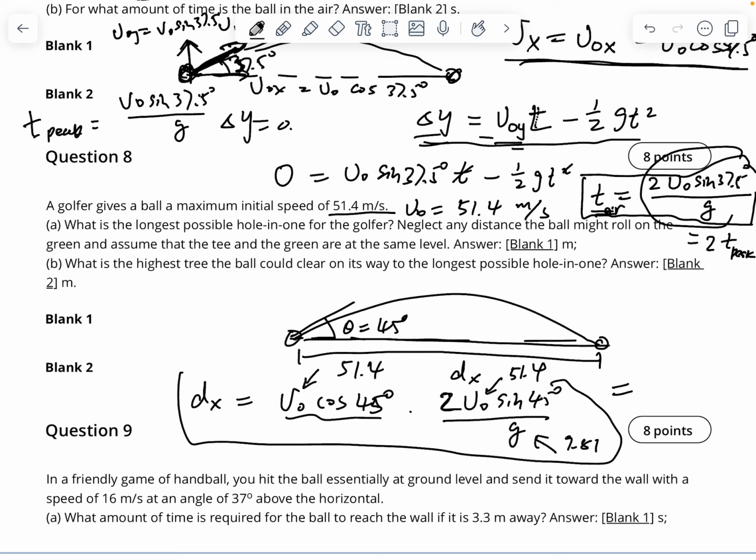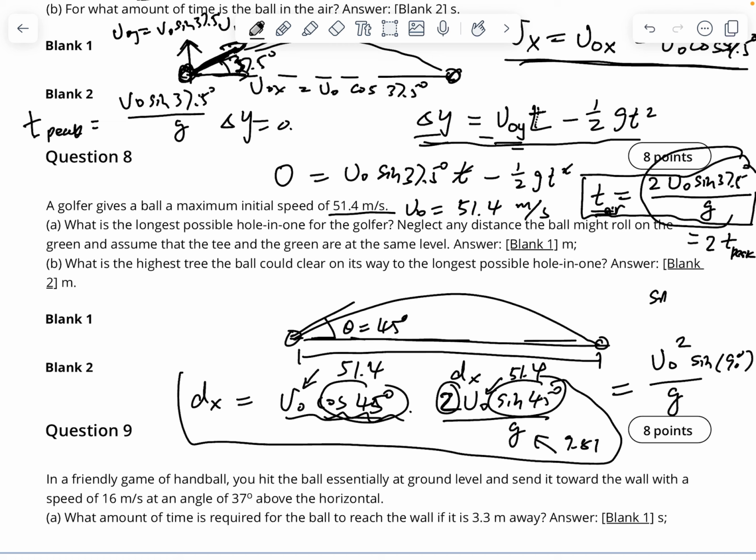This also equals v naught squared times 2 divided by g, because of cosine 45 and 2 sine 45, which equals sine 90.